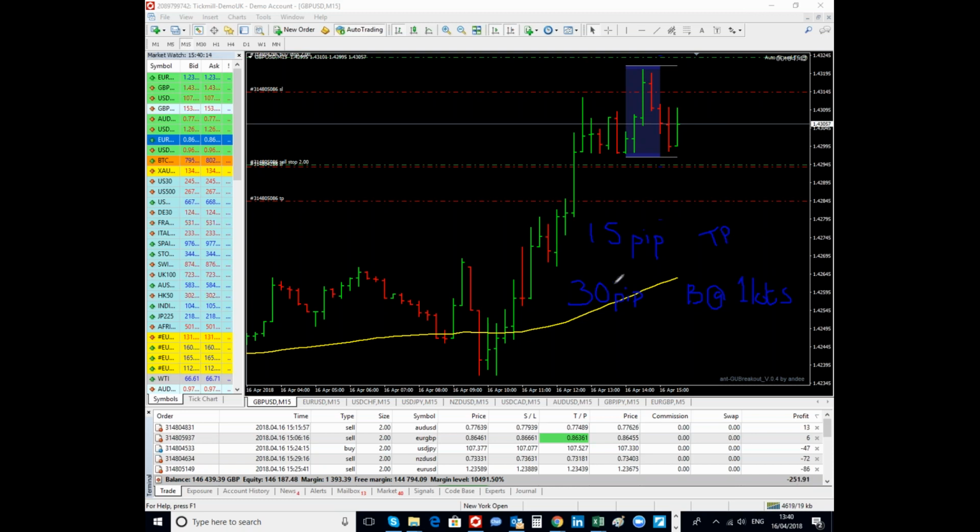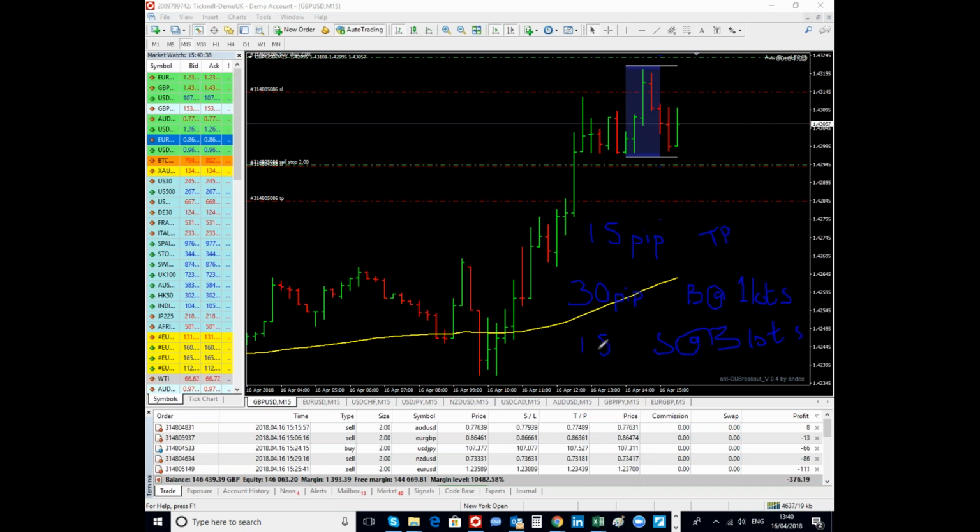So what happens here? If it hits your profit target, you make 15 pips. By having the hedge against you, 15 pips below, the sell at 3 lots now, all you're making here is your 15 pips again, but you're making 15 pips times 3.